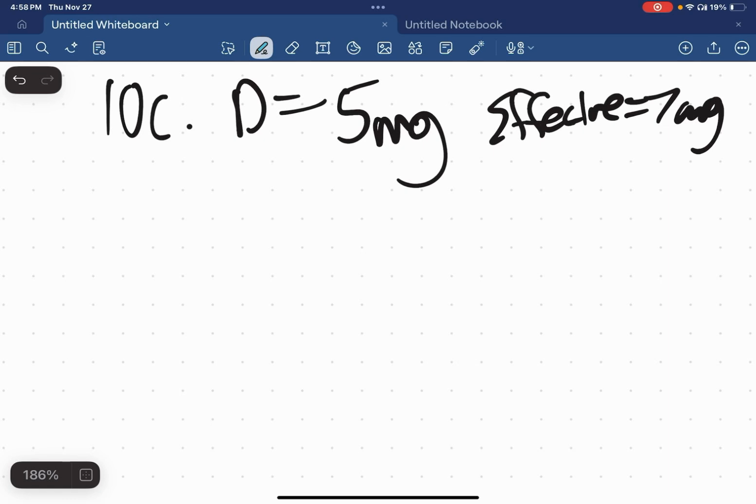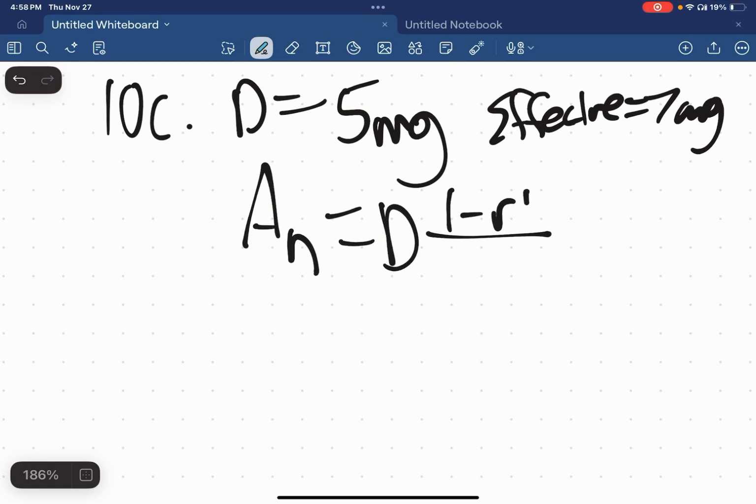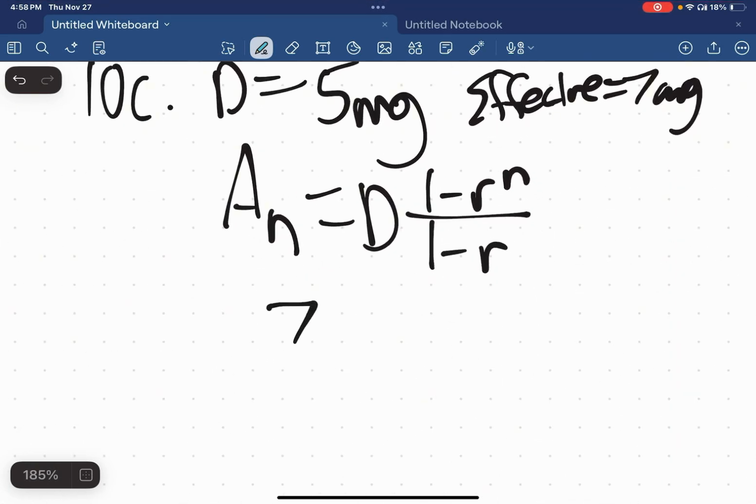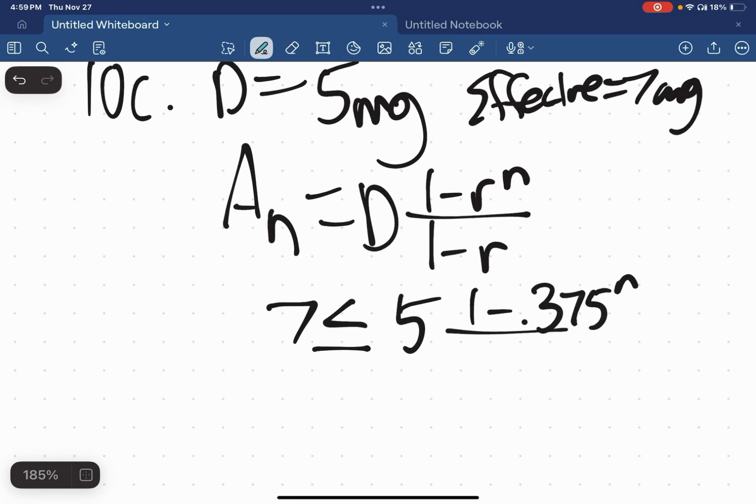Okay. We're just going to use our summation equation from last time. And we need to find out when this is greater than or equal to 7. Sorry, no. That's 5 times (1 minus 0.375 to the n) divided by (1 minus 0.375).